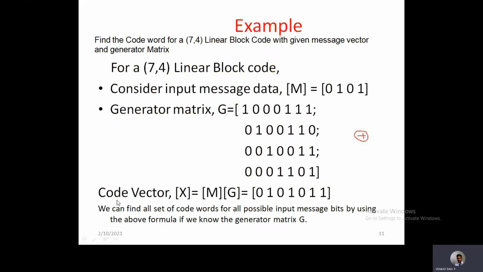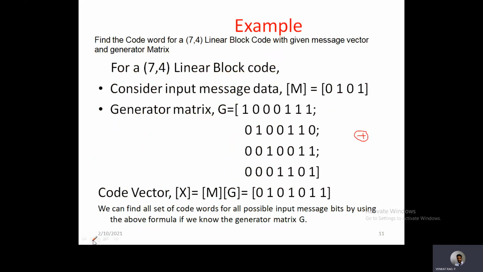To find the code vector, we have a simple formula: X is equal to M into G. Just multiply the matrix M with the matrix G, and the final 7-bit code word will be obtained in a very easy way.